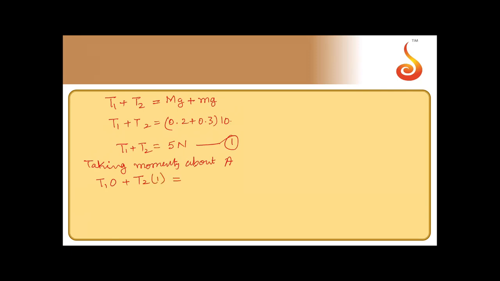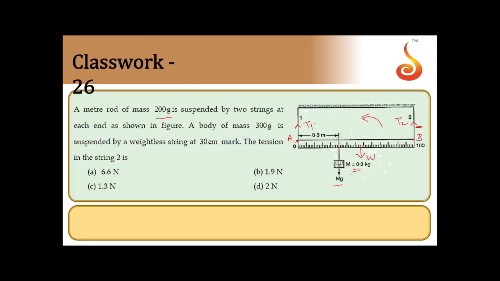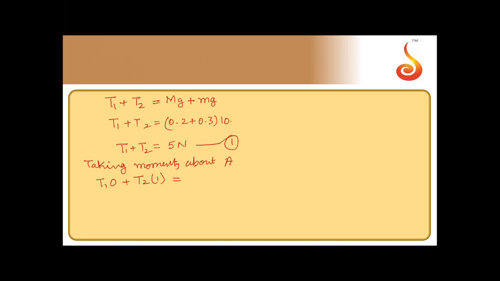So this is anti-clockwise moments, that should be equal to clockwise moments. Clockwise moments are produced due to this weight and this weight. So that should be 0.3 kg into this distance is 0.3 meter. So that should be 0.3 into 10 m into g into 0.3 meter plus the weight of the rod, that is 0.2 into 10 into distance at which it acts is, it's at the center of mass, that is 0.5 meter.